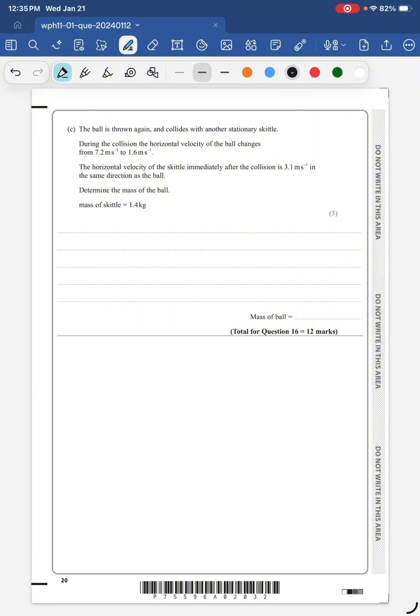Okay, so the mass of the ball times the initial velocity, which is 7.2 meters per second, should be equal to the mass of the skittle, right, times its velocity, which is 3.1, plus the mass of the ball after the collision times 1.6, which is the velocity of the ball after the collision.